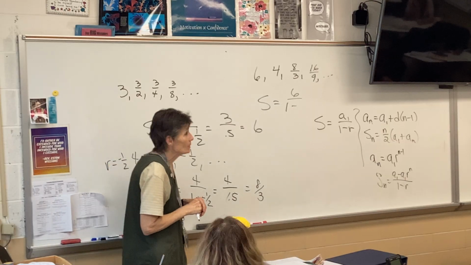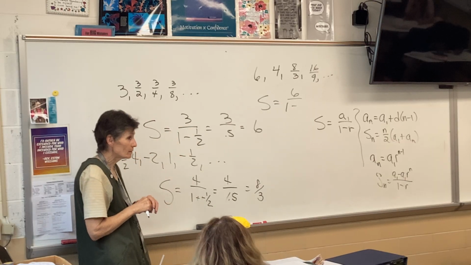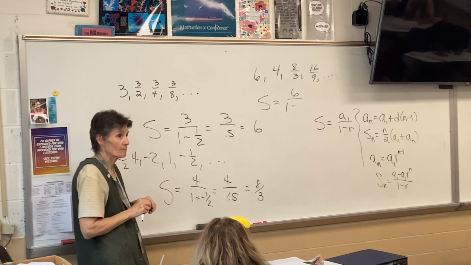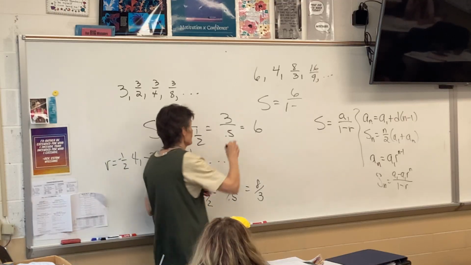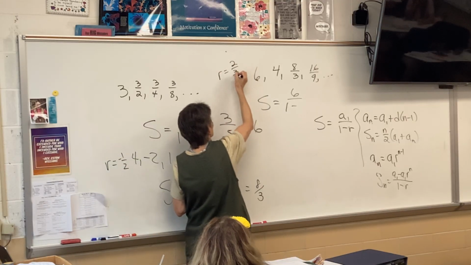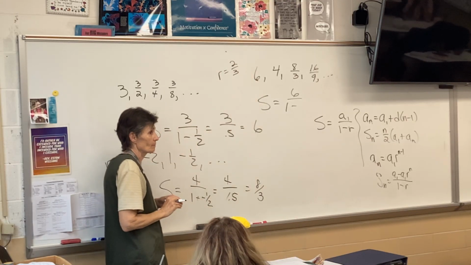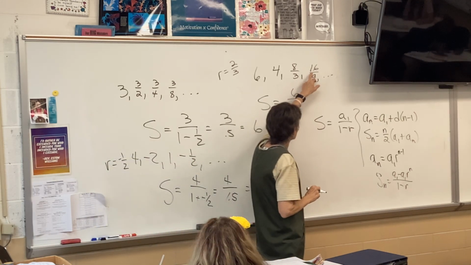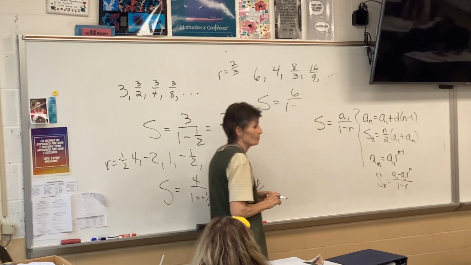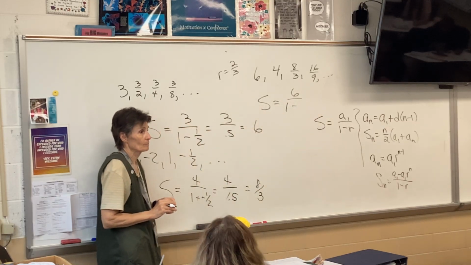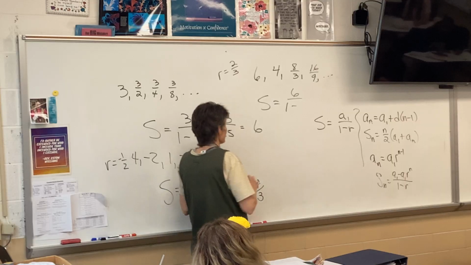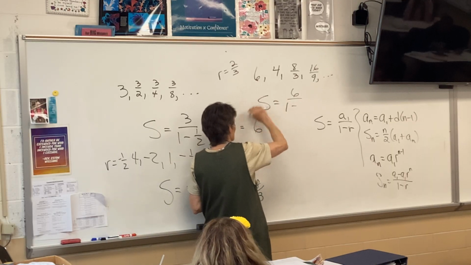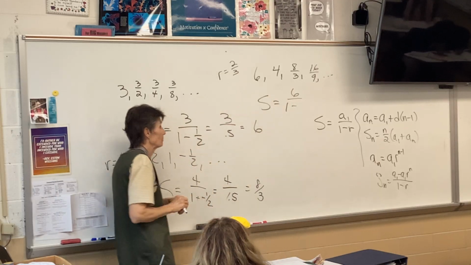Aren't I multiplying by 2/3? Right here's the easiest place. 8 times 2, 3 times 3. You can also always tell by dividing, like 4 divided by 6, that'll give you the ratio.